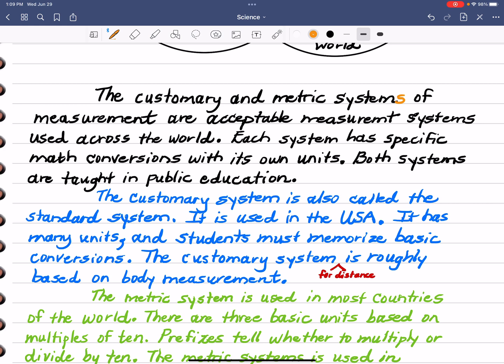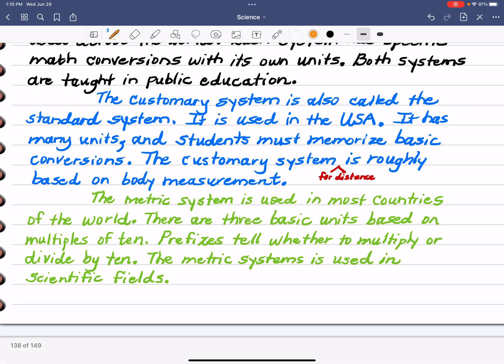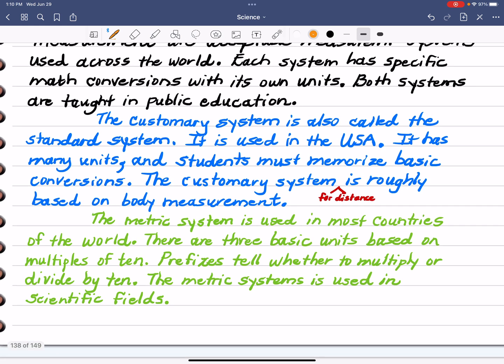The customary system is roughly based on body measurement. And remember, we added for distance. And it feels like there's a mistake in there, but I'm not seeing it off the top. So maybe not. The metric system is used in most countries of the world. There are 3 basic units based on multiples of 10. Prefixes tell whether to multiply or divide by 10.